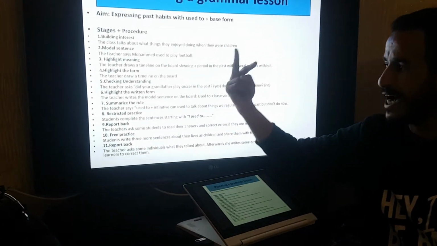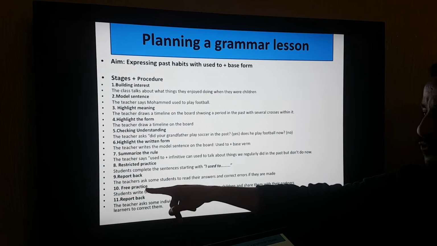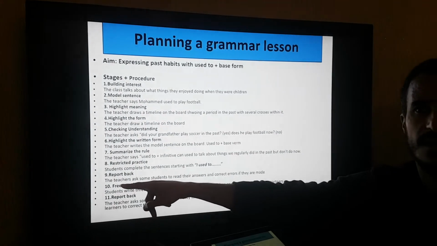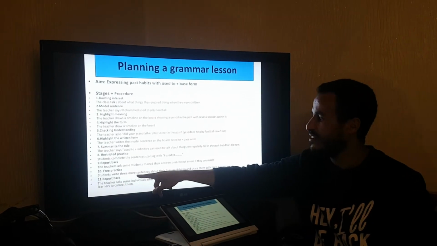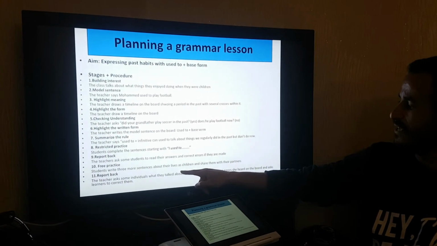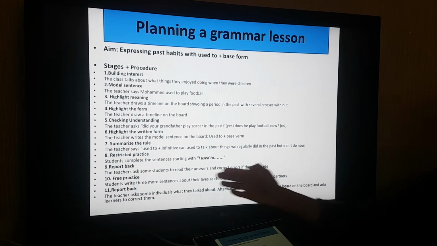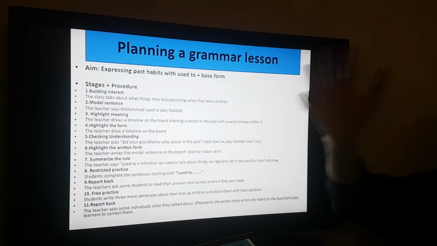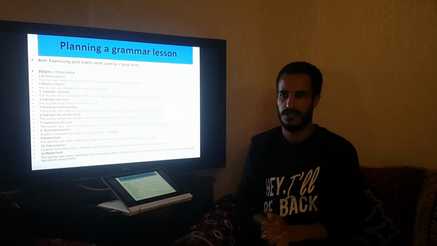Remember, we have two types of practice: restricted and free. Freer practice is a production stage. Students write three more sentences about their lives as children and share them with their partners. Once they work in groups, I need a volunteer to go to the board and write the answers.